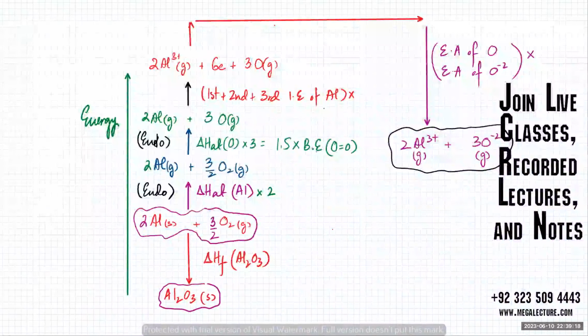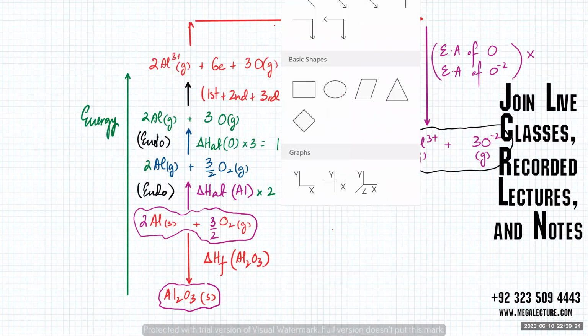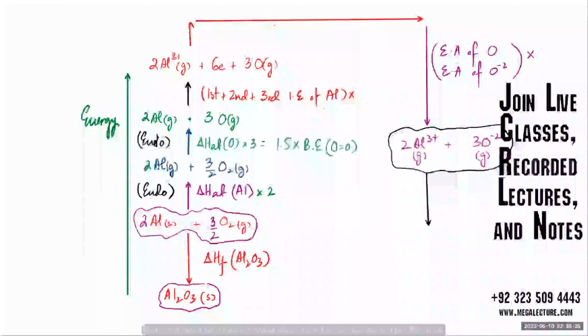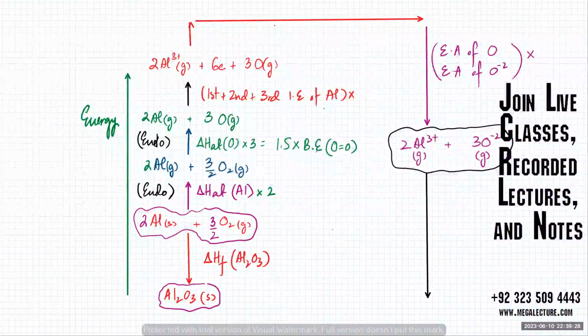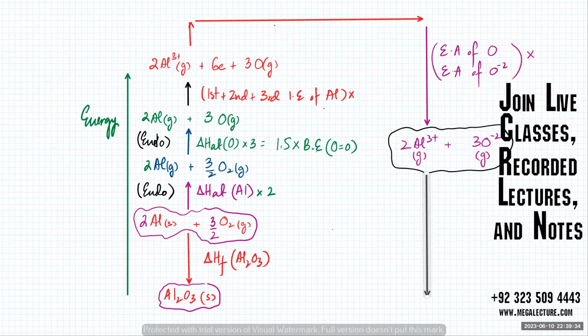Now, those gaseous ions can get together to form this ionic lattice. And that's basically lattice energy. So the final thing that we are going to do is complete the Hess cycle.